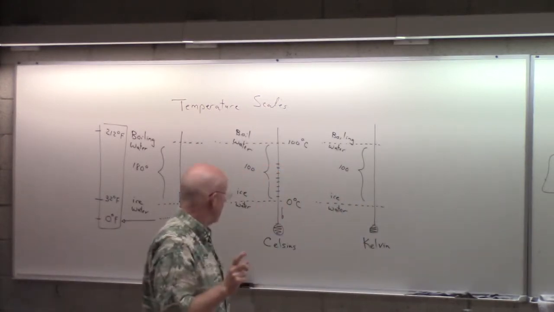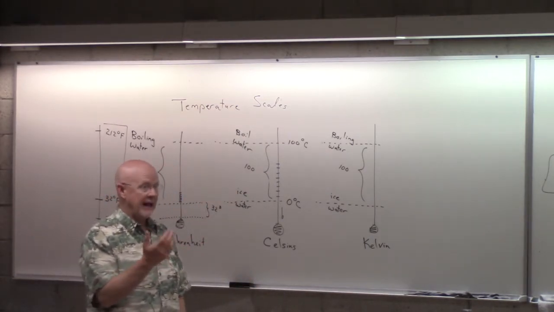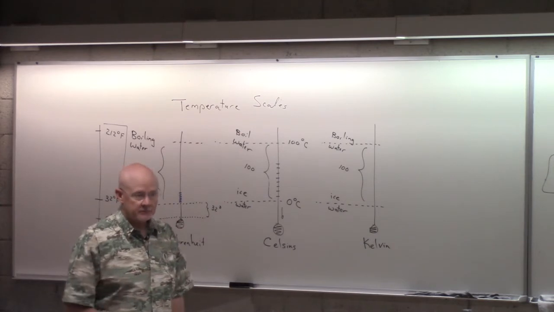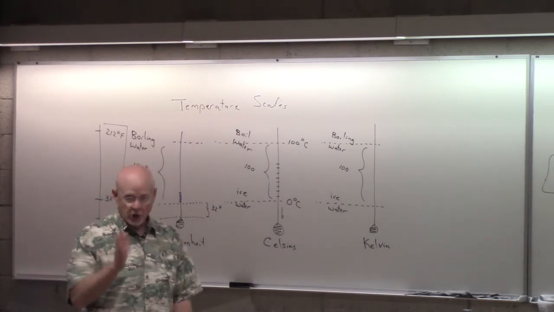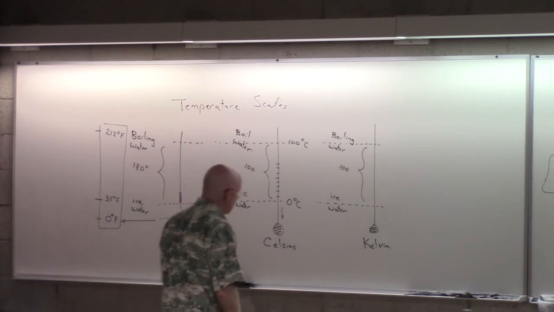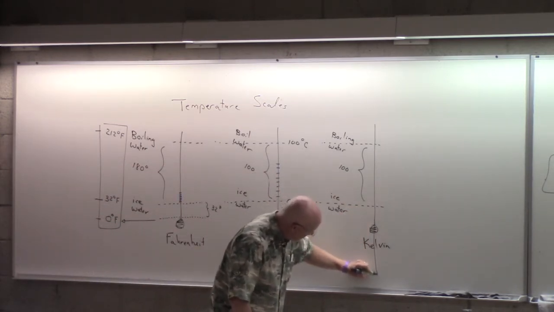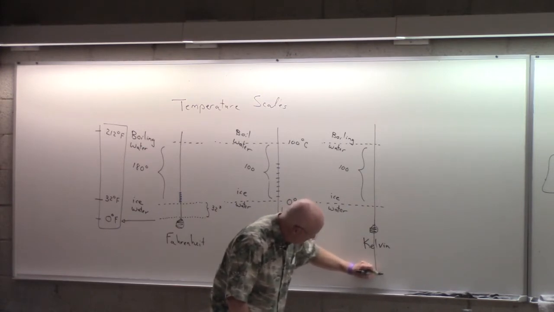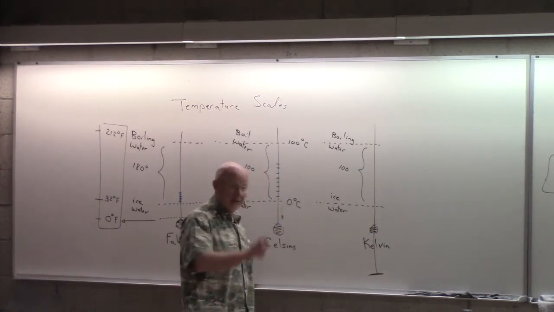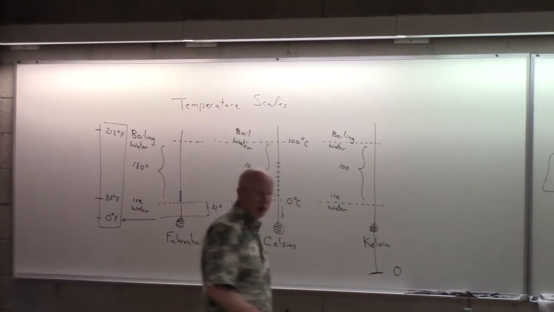And so he realizes that there is something called absolute 0, meaning there's no motion to those molecules. And he argues that the best place, no matter how cold that is, way down here, that's the place that he wants to put the 0 on his scale.